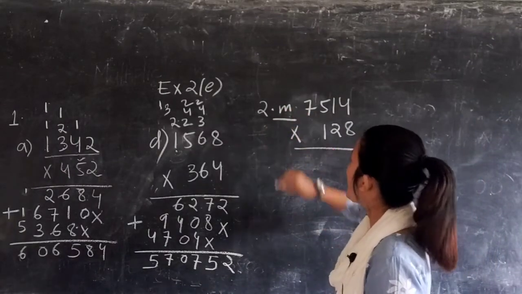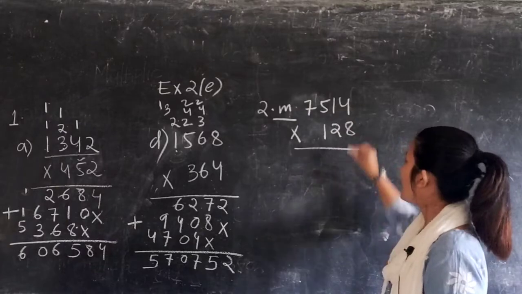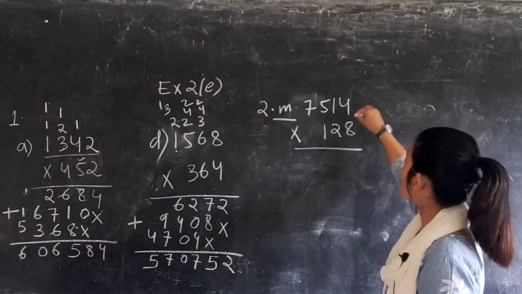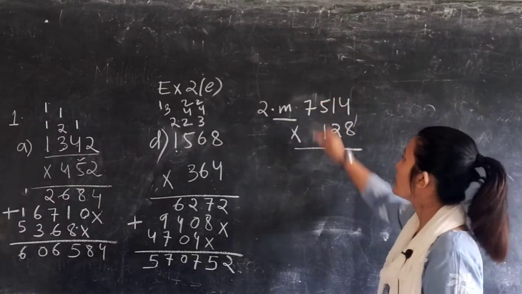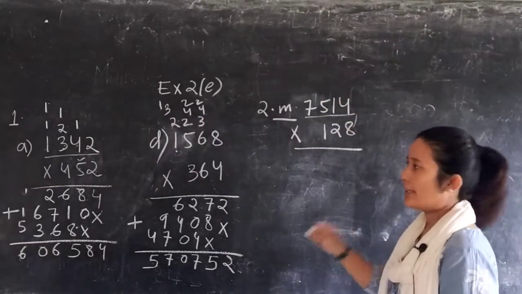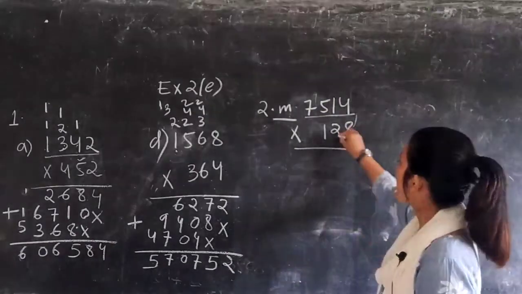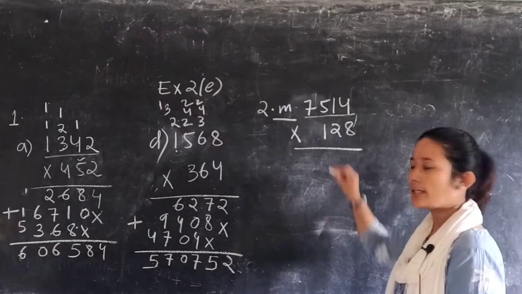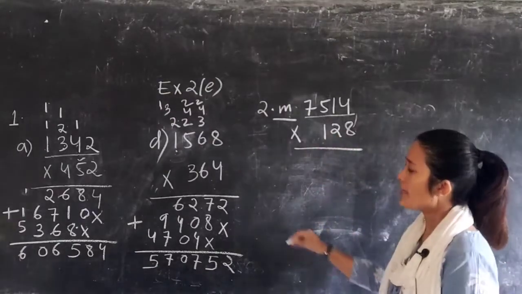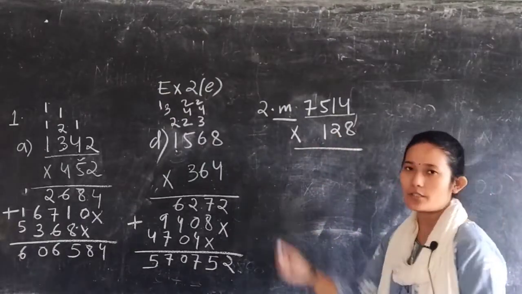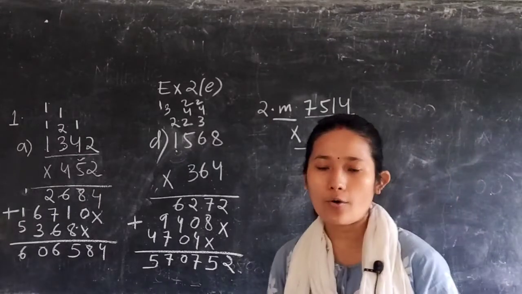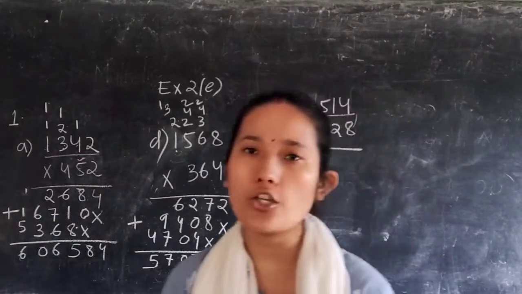Let's see question number 2. So you will arrange it like this, and then starting with the ones digit, you will start multiplying one by one the above set of numbers. Then in a similar manner cross and start with the tens, again cross, again start with the hundreds, and then after multiplying you will add the numbers, just like you have done in question number 1. Okay, so I hope you can do question number 2 and 3 yourself.